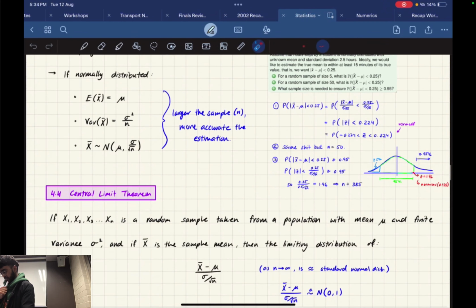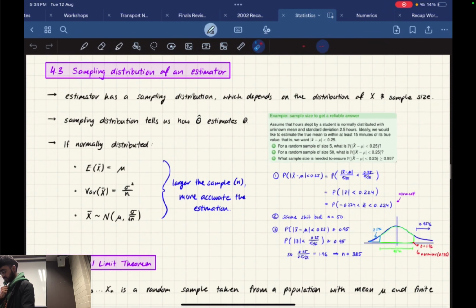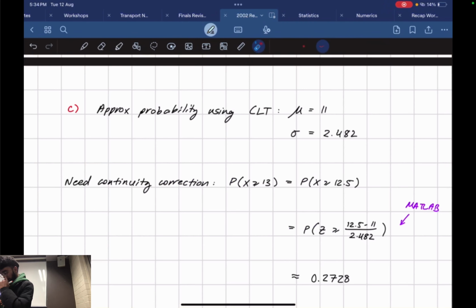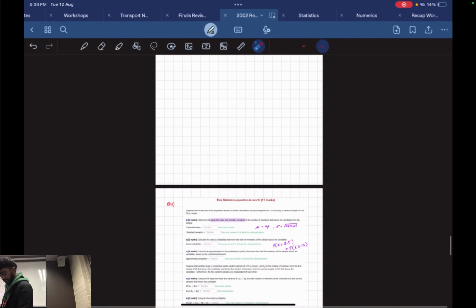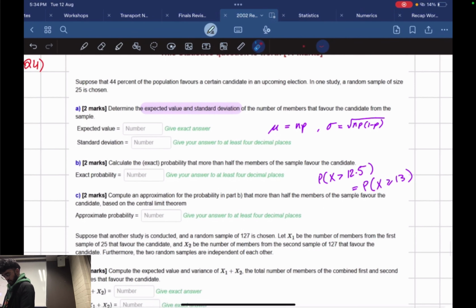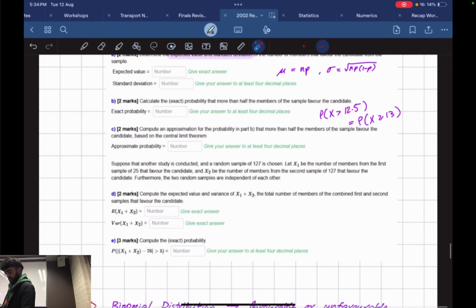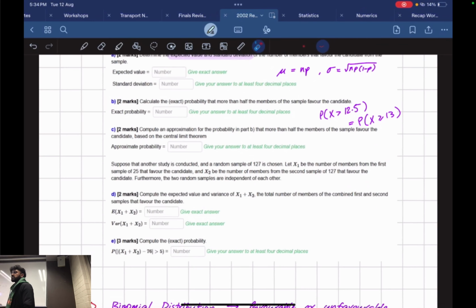I think it might be. I don't know about binomial distribution. No, binomial distribution, I thought it was different. Yeah, I have to have a check. So it's either going to be this one, or you use x minus mu over square root of n, where n is our sample size. What does the question say? Based on the central limit theorem. Oh yeah, I'm going to have to double check, but you can use either one of the formulas.